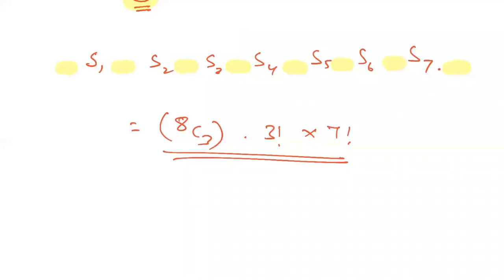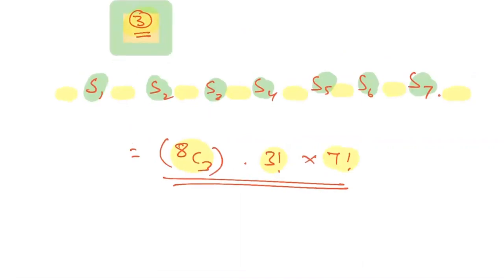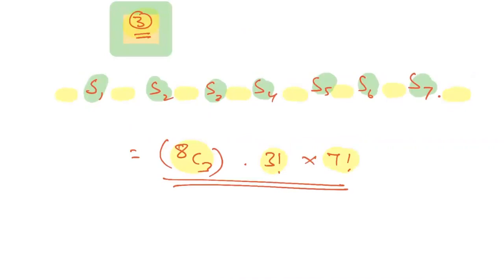So the total number of arrangements will be n, right? And in this case, the selection process was 8C3, but the 3 different students can sit in factorial 3 ways, right? And these 7 students can sit in factorial 7 ways, right? That's the reason factorial 3 and factorial 7 are coming in this.